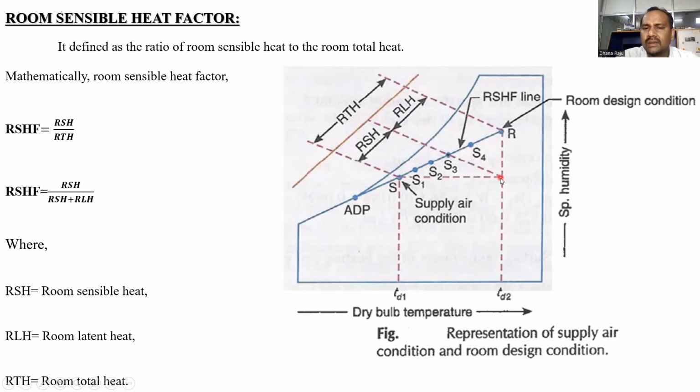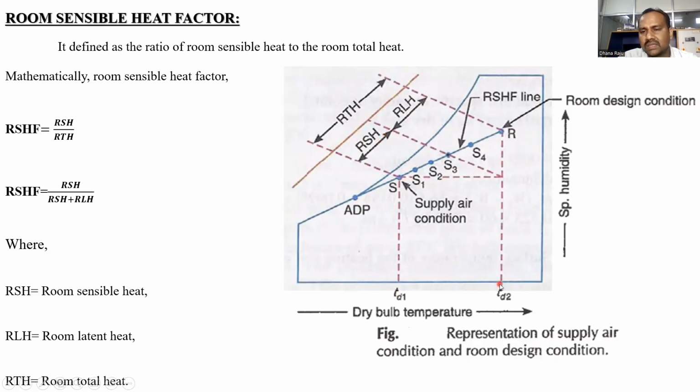The line from the intersection point to point S is called RSH, and the one above is called room latent heat. Room latent heat is given by R to this point, and room sensible heat, because of the change in temperature TD1 to TD2, is shown from the S point to this point and is represented as RSH.